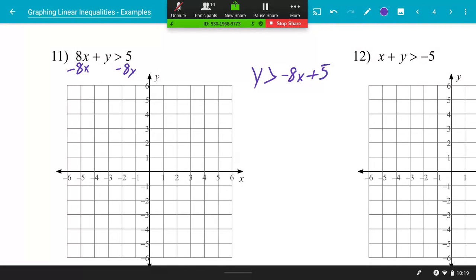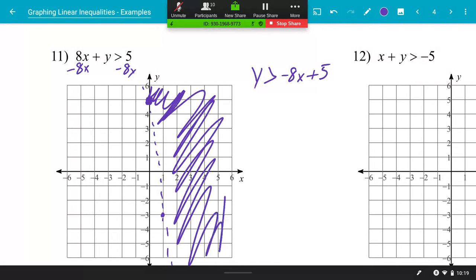Now it's in slope-intercept form, right? Now, the same thing. Once I start manipulating these equations, if I ever multiply or divide by a negative, I'll have to flip the sign, right? Did I have to do that here? No, I just subtracted 8x. I didn't multiply or divide. But I'm done. My y-intercept is 5. Down 8 over 1. Line is dotted. And the sign says greater than, so above the y-intercept. Cool?